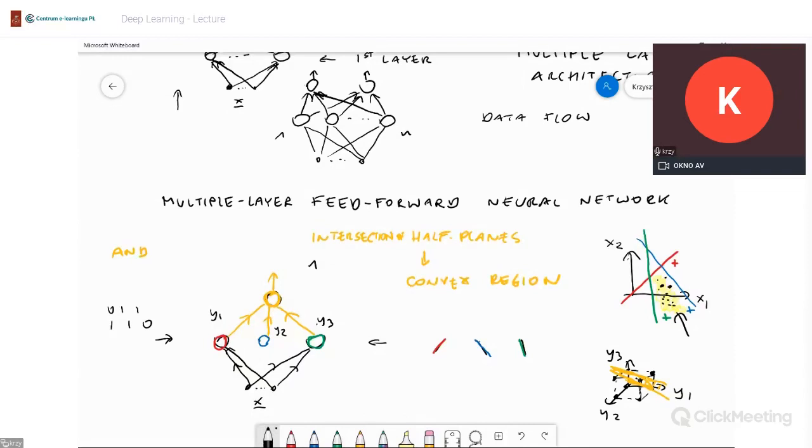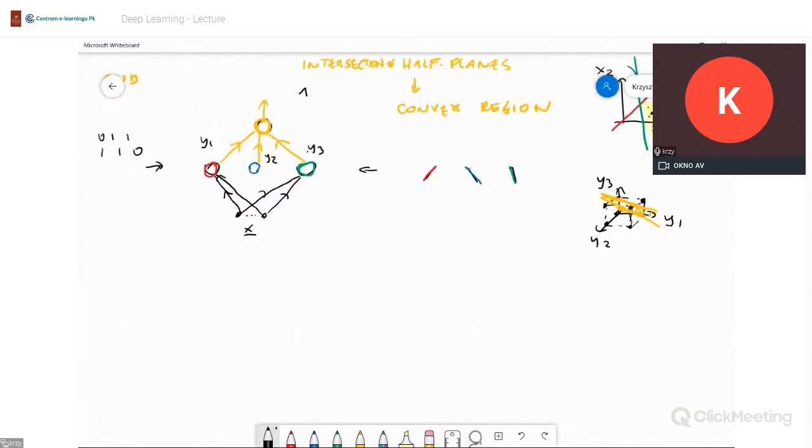So if I would like to solve a problem that is non-linearly separable, but has the structure of an XOR problem, let's say I have two classes. Observe that what I'm trying to do is find a convex region, and I might have many neurons.